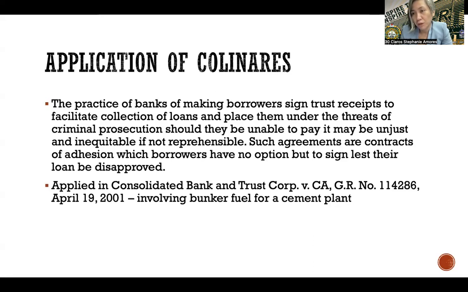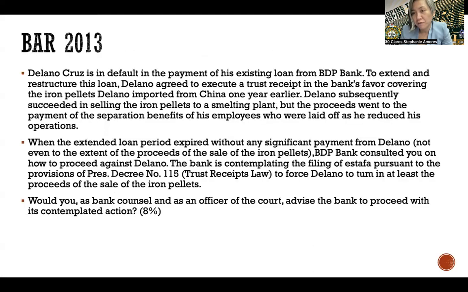So it does not come within the ambit of PD 115. So remember that important concept, guys, as decided in case law. Because in order for you to answer this bar question from the 2013 bar year, you need to remember that.